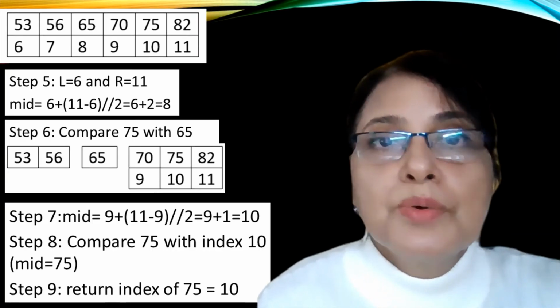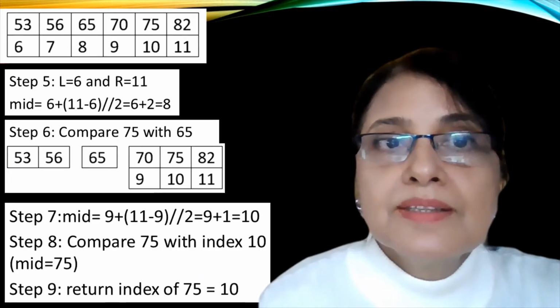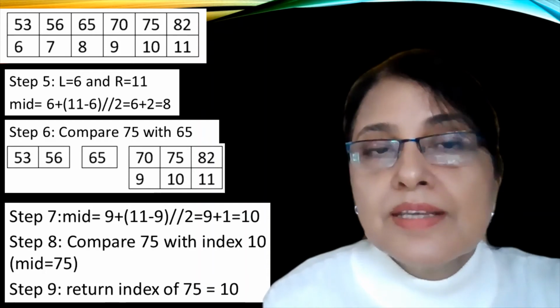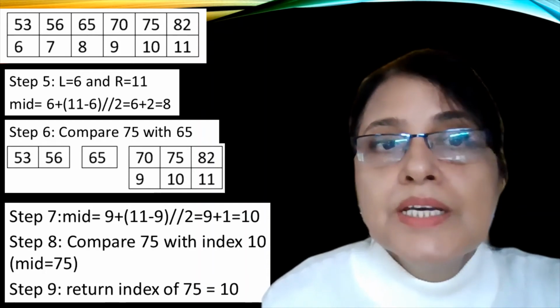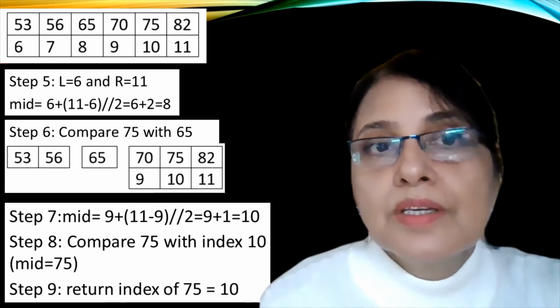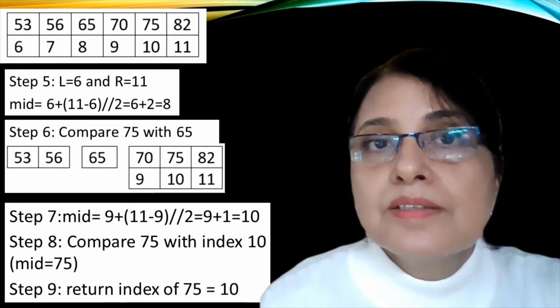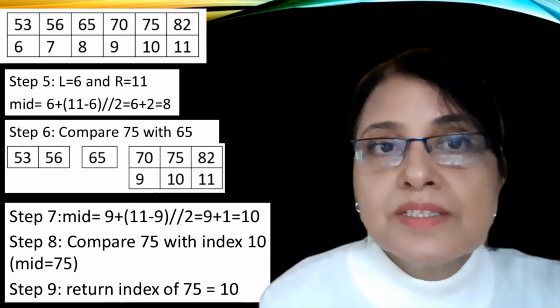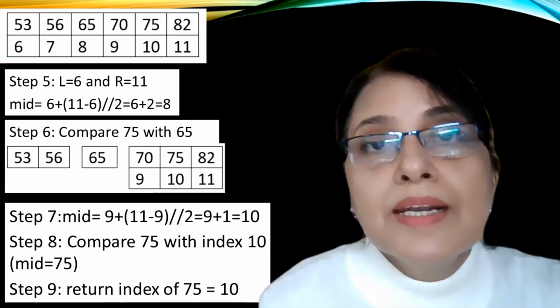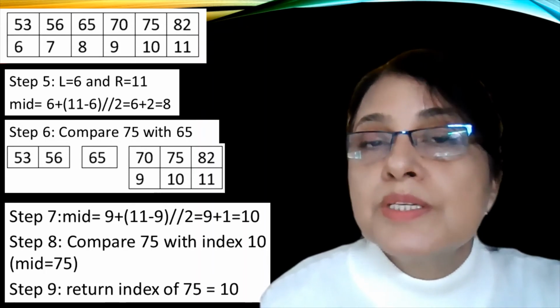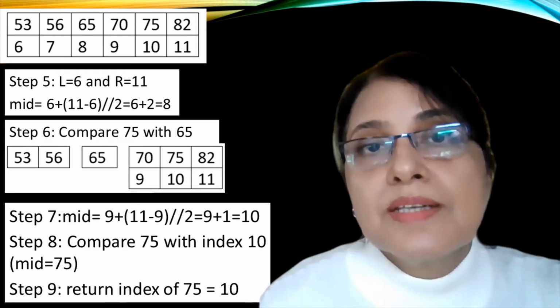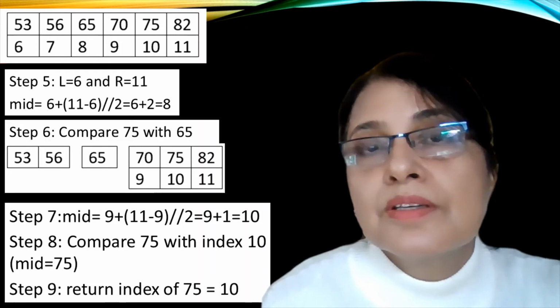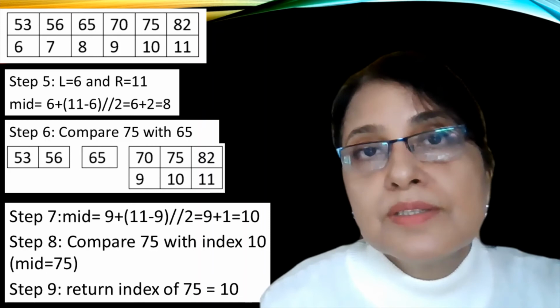We now repeat all the steps that we did earlier, that is, take L as 6 and R as 11, find the mid of these two indexes, and that turns out to be 8. At index 8, we have the number 65, which is again less than 75. So we will discard all the indexes less than 65 and consider the ones which are more than 65.